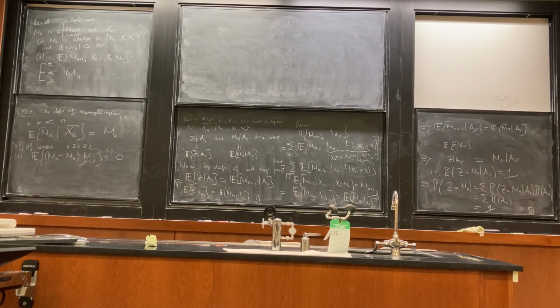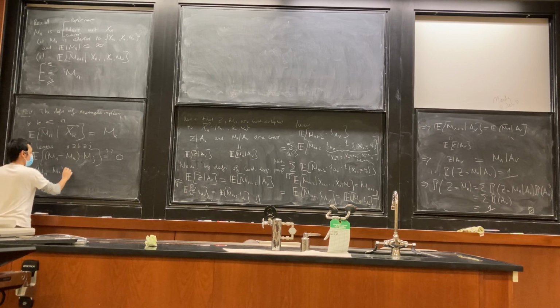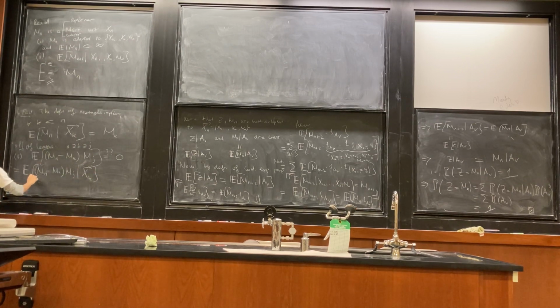So now I'm going to condition on the path up to X_k here. So this is equal to the expected value of M_n minus M_k times M_j, conditioned on the path up to k. Alright? And then this is the outer expectation of the whole thing.